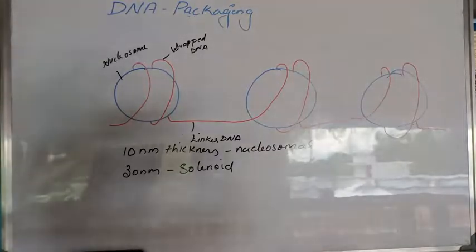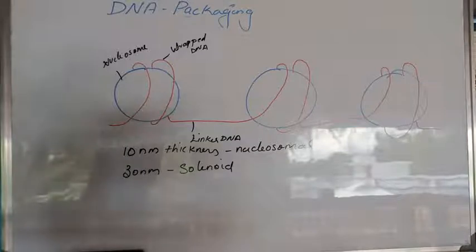This solenoid structure undergoes further coiling. Actually, what is our motive? Our motive is to decrease the length of the DNA by increasing the thickness, so that we can easily situate or place the DNA inside the nucleus.